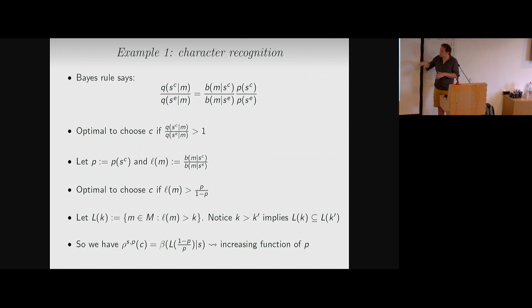Let's just massage this a little bit. So I'm going to call P the prior probability of C, and L the likelihood ratio. It's optimal for the agent to choose C if the likelihood ratio is bigger than the prior odds ratio.